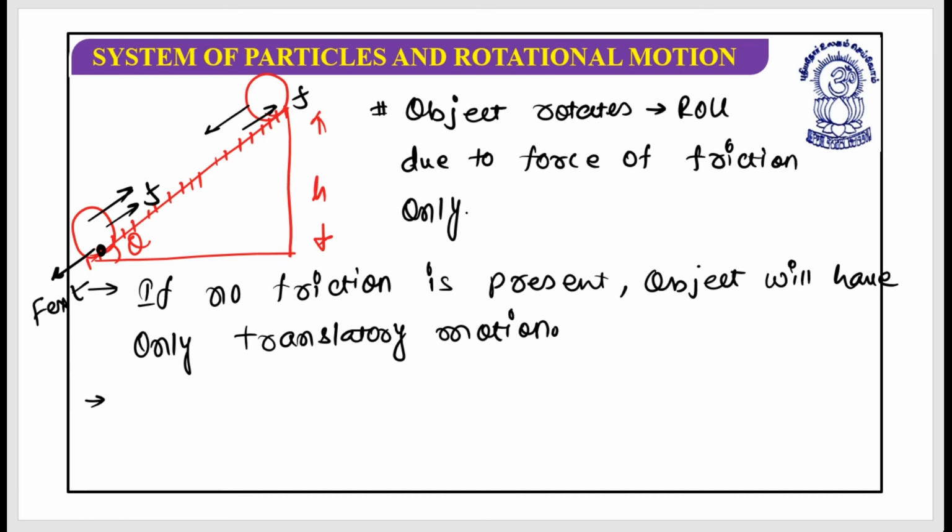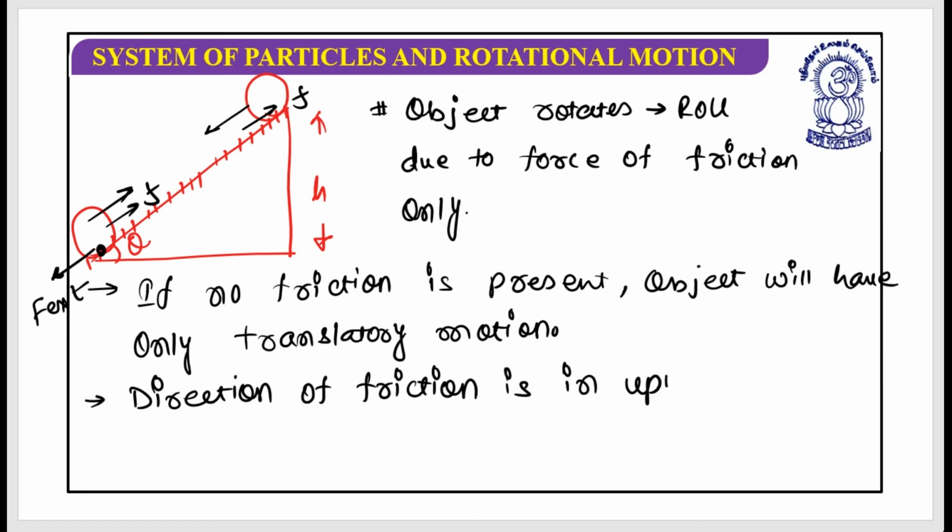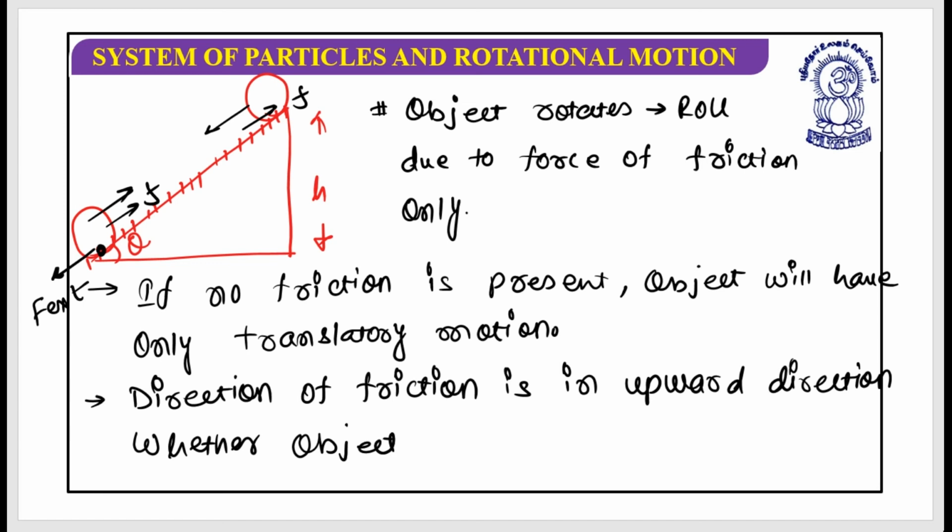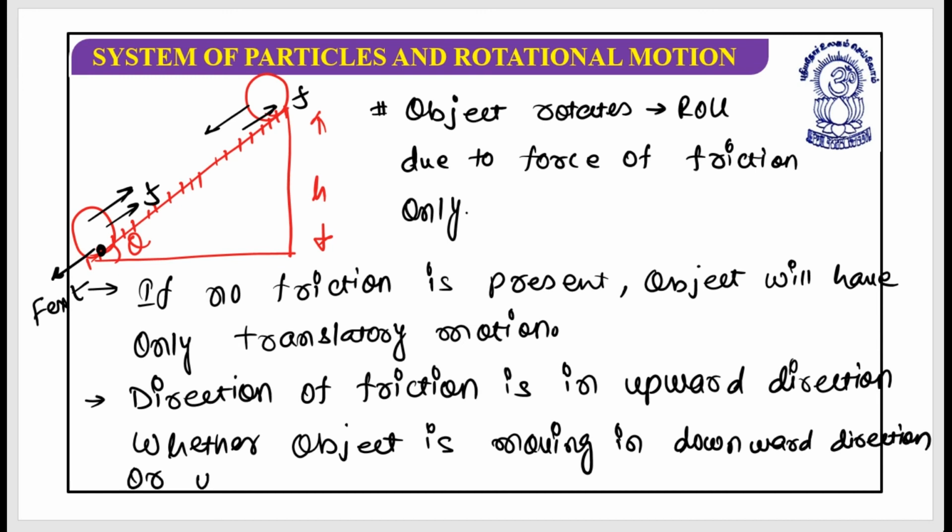You can remember it according to the thumb rule that the direction of friction is in the upward direction, whether the object is moving in the downward direction or the upward direction.